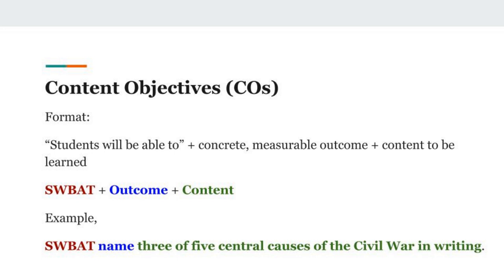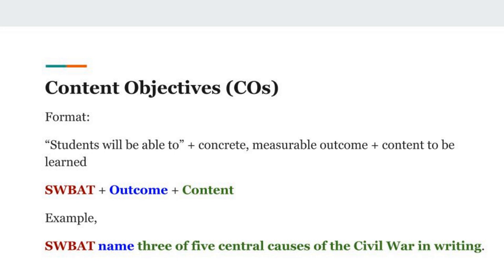As can be seen, this content objective starts with the fixed phrase SWBAT, or students will be able to, and it proceeds with the concrete measurable outcome, name, and finally the content to be learned, 3 of 5 central causes of the Civil War in writing, which is also part of the outcome.